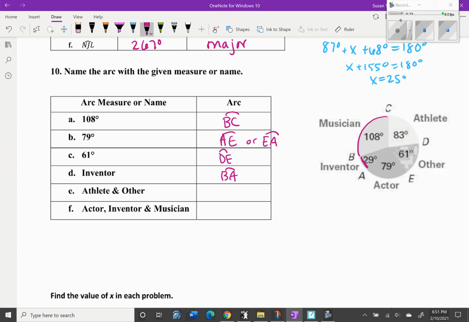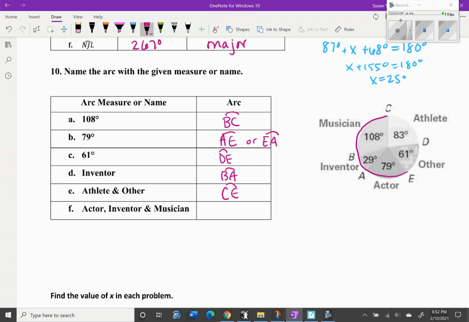Athlete and other would be from here to here, so that would be arc CE. And if we did actor, inventor, and musician, we have to use 3 letters for this one because it's more than 180 degrees.